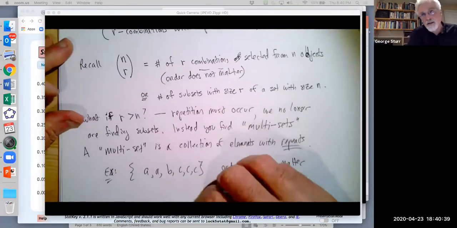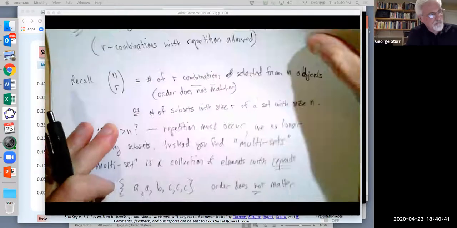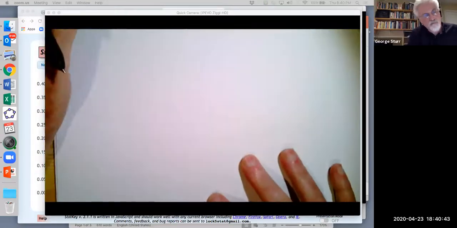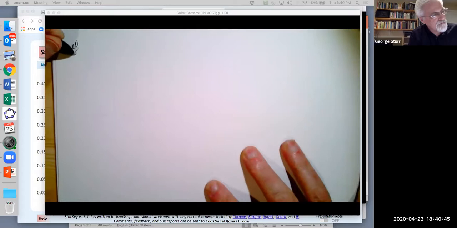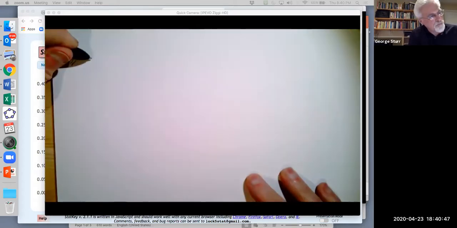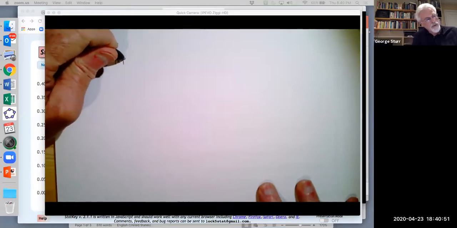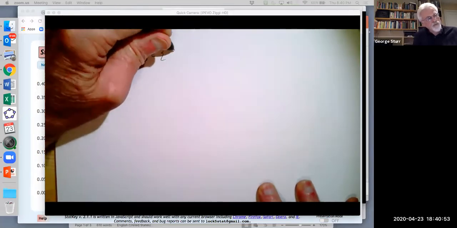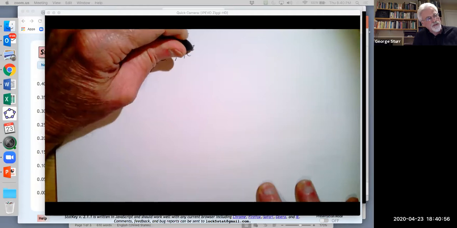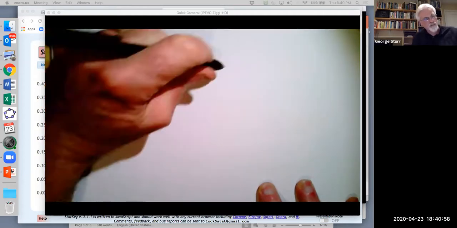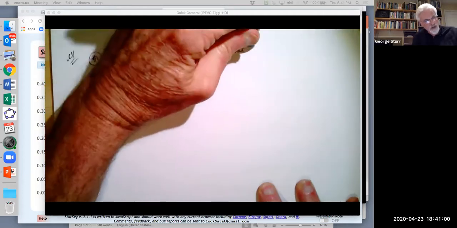And I'm going to do it by example. Number one, let S be a set with A, B, and C in it. Actual set, not a multiset.